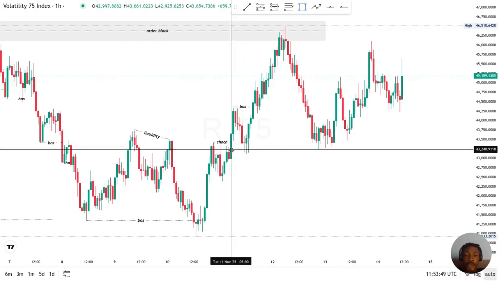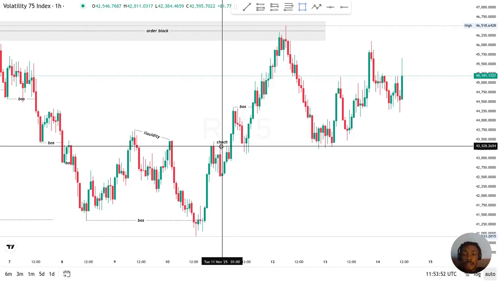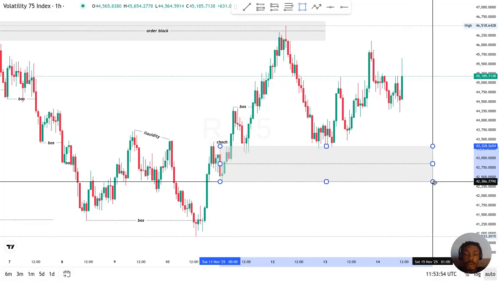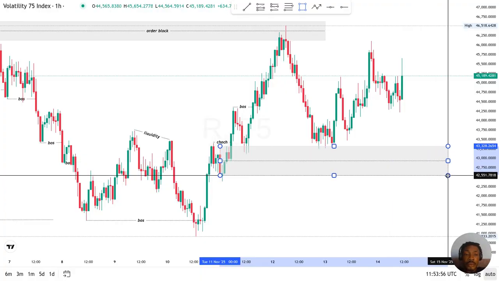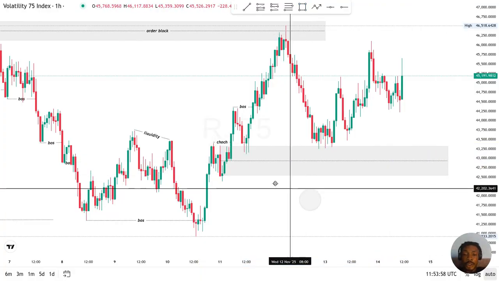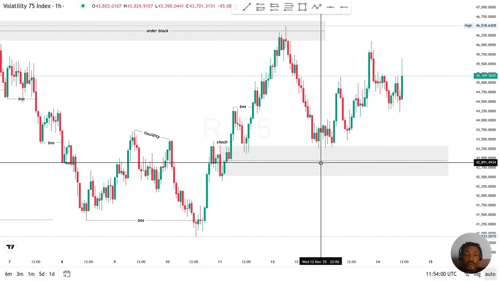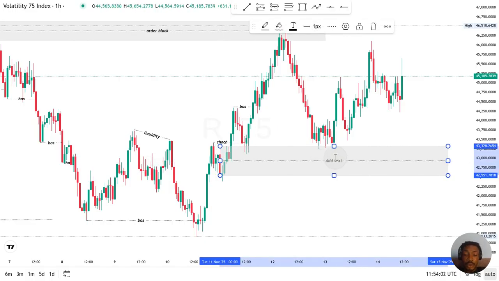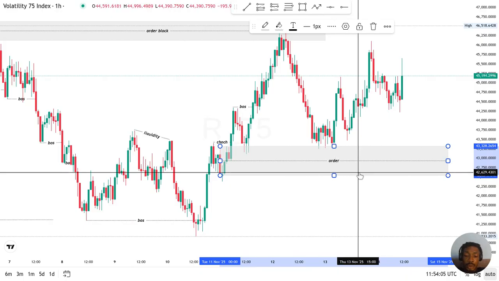So this is the last bearish candle. We mark this as our order block.